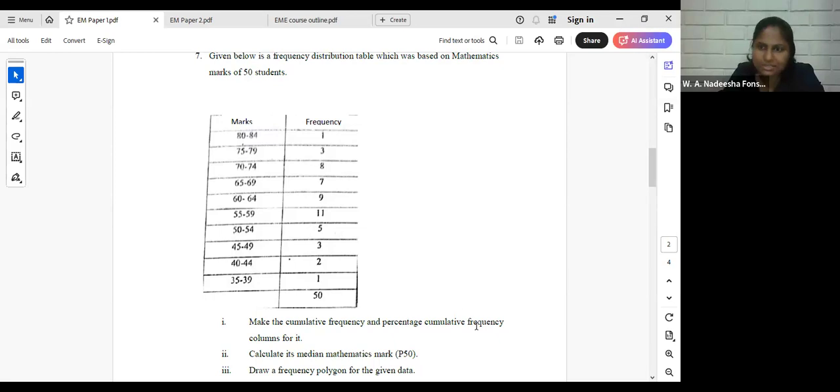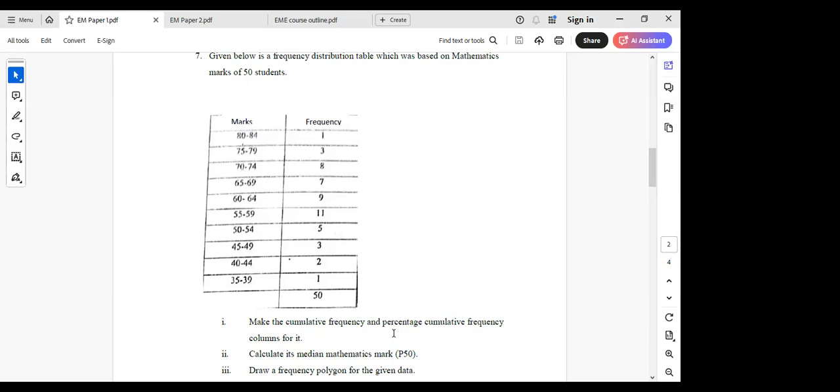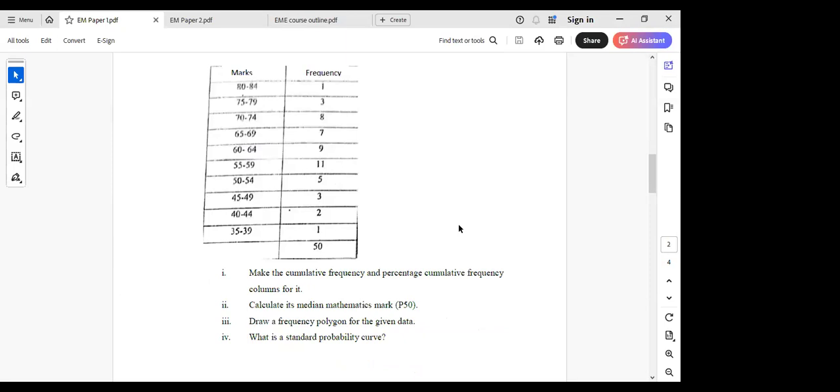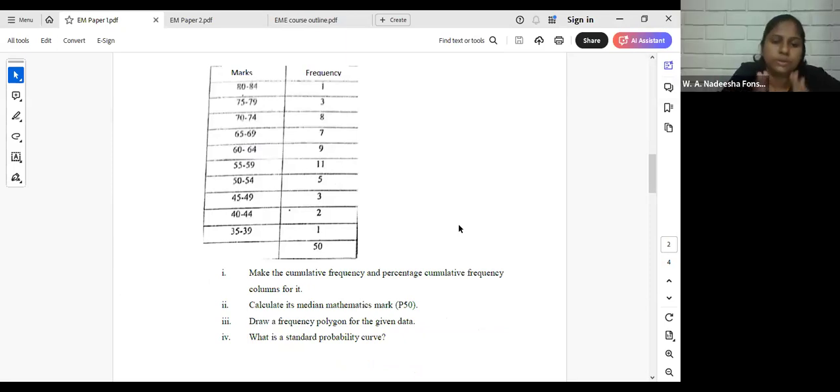That's right. Before that, the percentage frequency column and then the percentage cumulative frequency column. So then you can calculate it. Please do them now and try to do it by yourself.